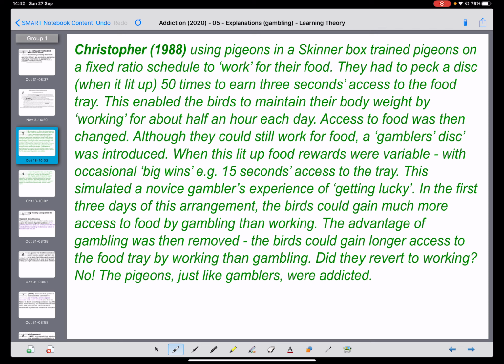We see that, first of all, Christopher got the pigeons to be able to work for food. This is important because we need to give you that analogy with a person like myself. I have the option of work and also had the option of gambling, and so they want to see what happens to this bird if you introduce gambling.